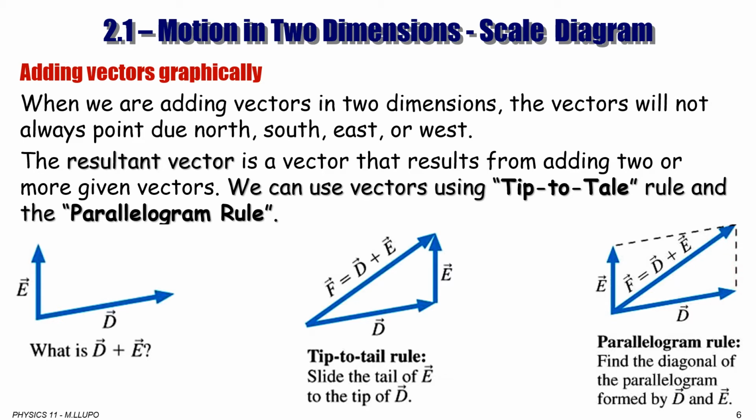For example, you draw a parallel from the tip of D parallel to E and from the tip of E parallel to D. When they intercept, that is the tip of the resultant. So make sure that you draw a parallel from the tip of each vector, and when they intercept, that will be the tip of the resultant vector.